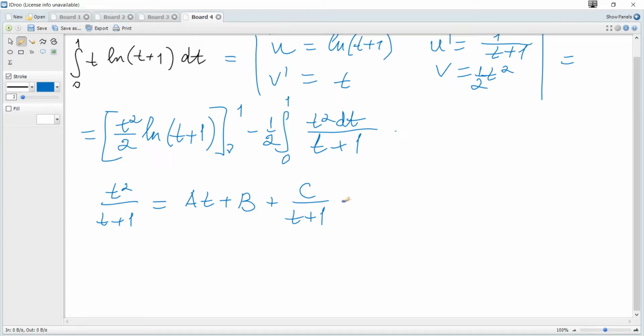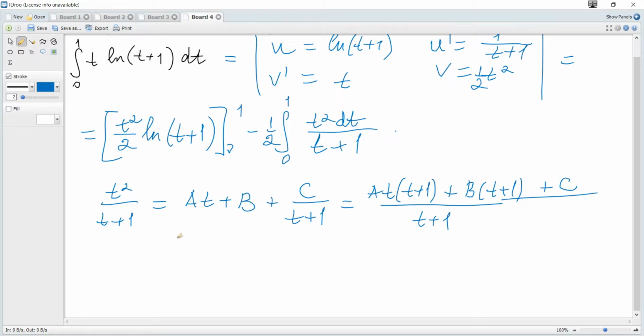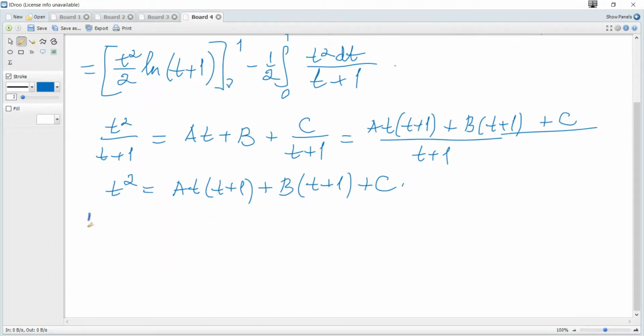And we can make the common denominator, and it becomes at times t plus 1, plus b times t plus 1, plus c, and then we equate numerators. Let's consider some specific values of t so that we can easily find the coefficients.